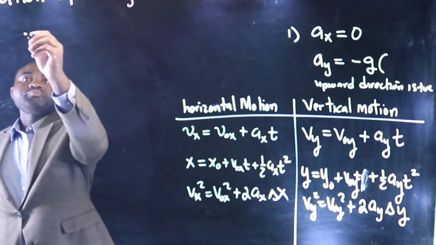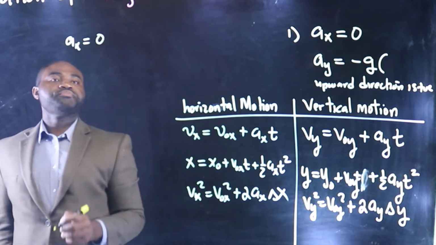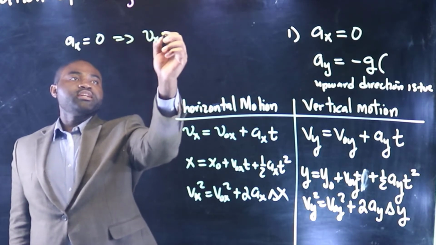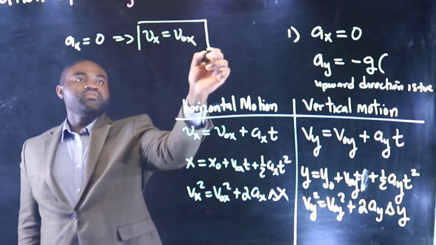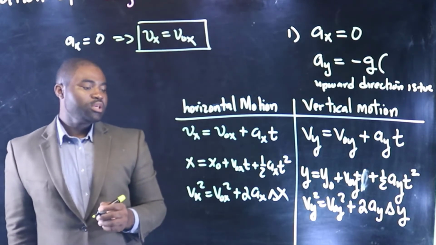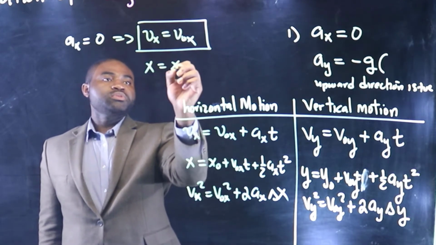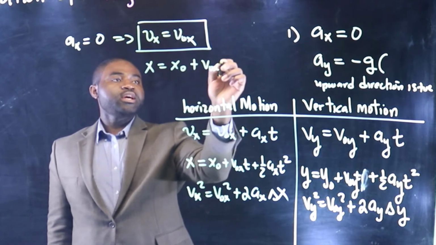Because Ax is 0, that implies that Vx is equal to Vox. This is critical and very important. This will also mean that X is equal to X naught plus Vox t.